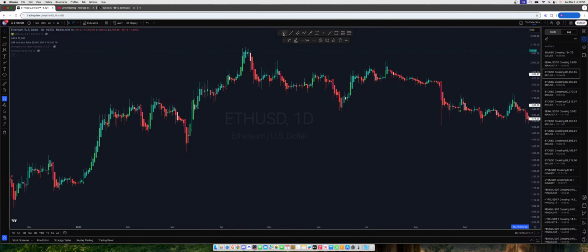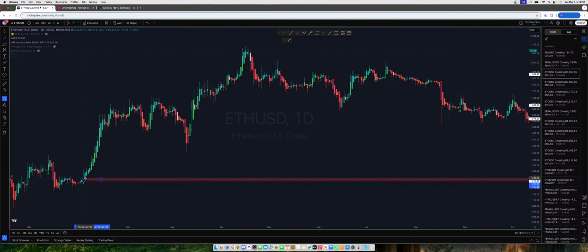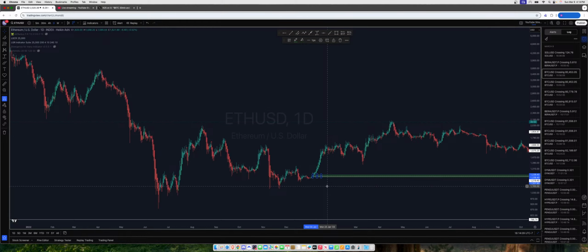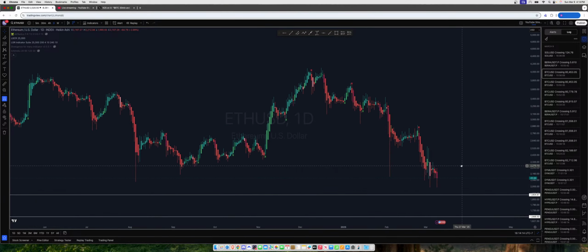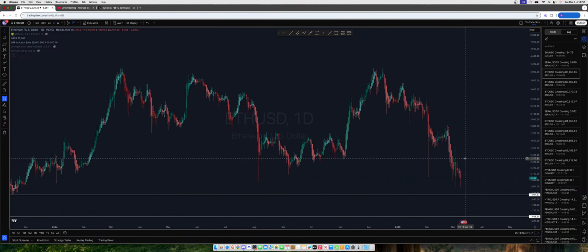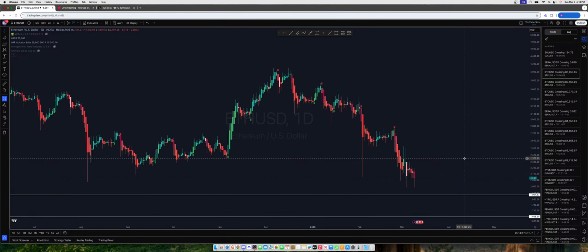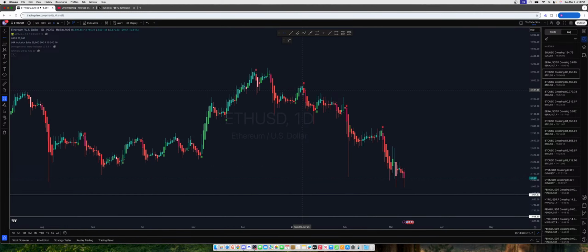And then, man, this is gonna be ugly because there's not really any strong support until here on Ethereum on at least the daily time frame. All right, well, let's see. And if we do get any bullish outcomes, these are the levels we want to be trading to the upside.